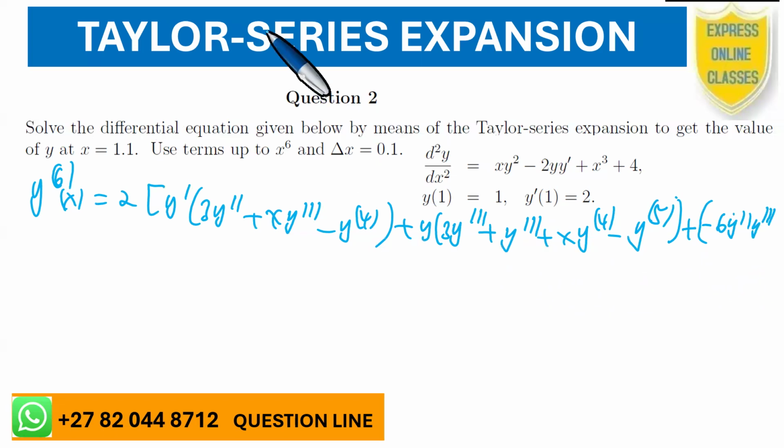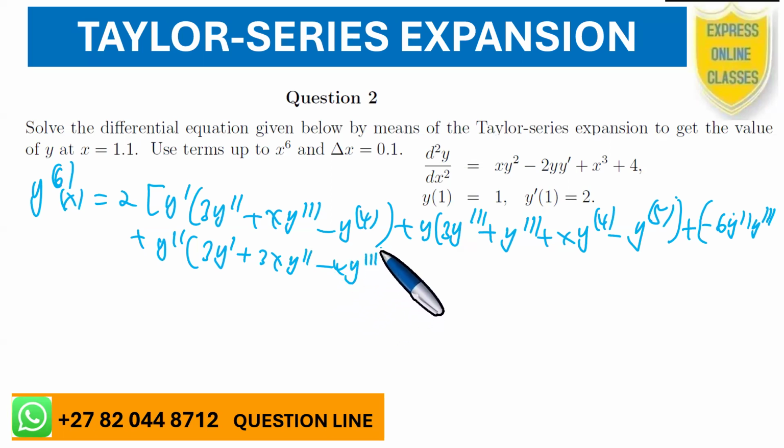And then you're going to have this one together with plus y double primed, 3y primed, 3x y double primed minus 4y triple primed plus y primed.